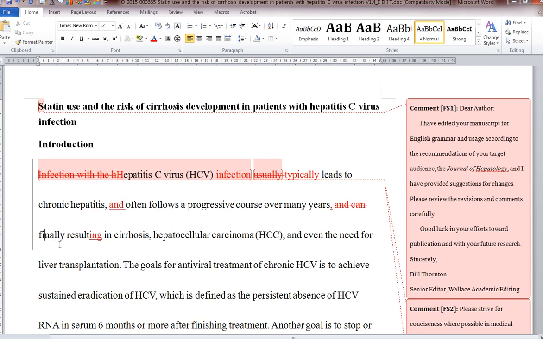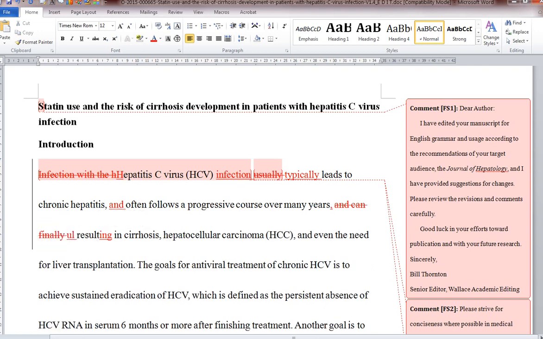It connotes that it's the end, and in this statement, finally resulting in cirrhosis and a carcinoma and liver transplantation. This is maybe the end of hepatitis C infection, but it's not the end for the patient. I have a problem with using finally. I think ultimately would fit better there.